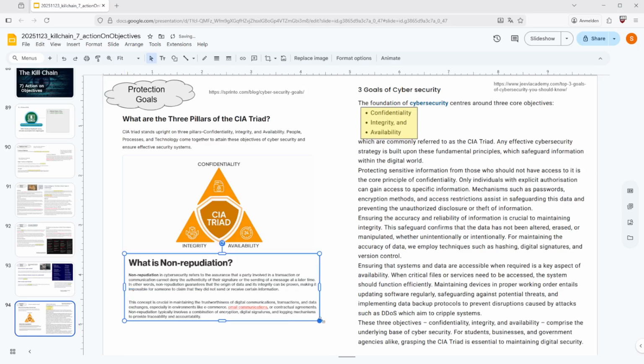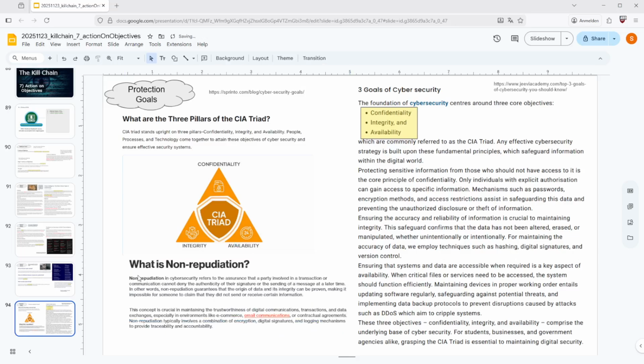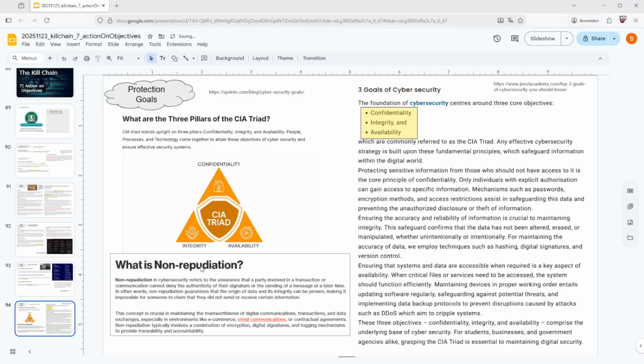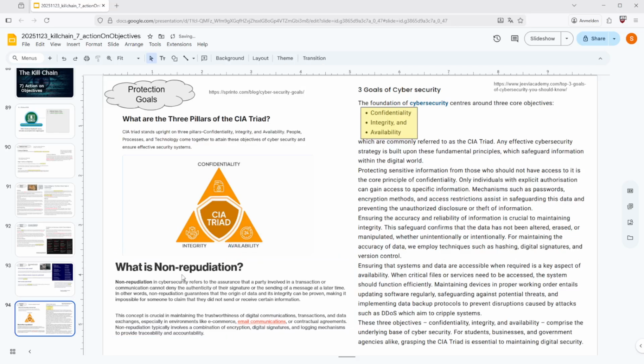For example, when it comes to forbidden or inappropriate content like child pornography, and you catch someone and say, look, you possess that data, and he simply says, no, I never did that. That's the target of non-repudiation.